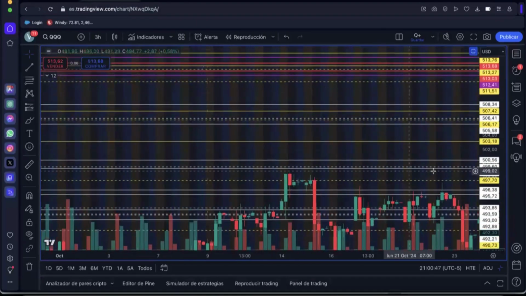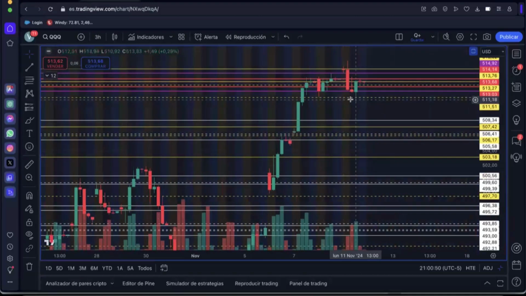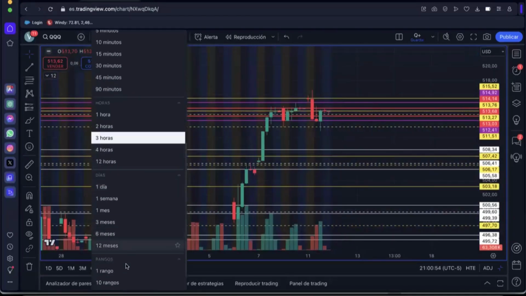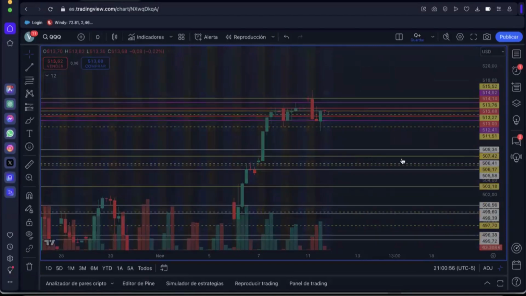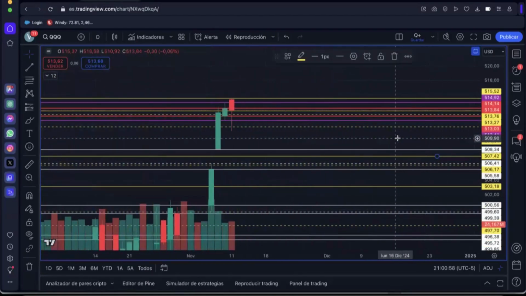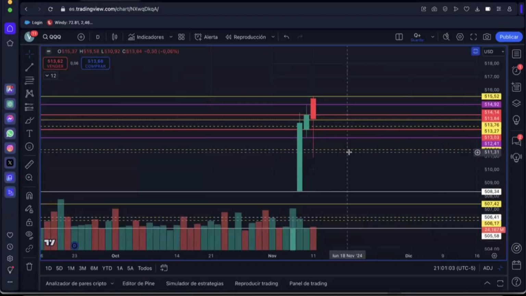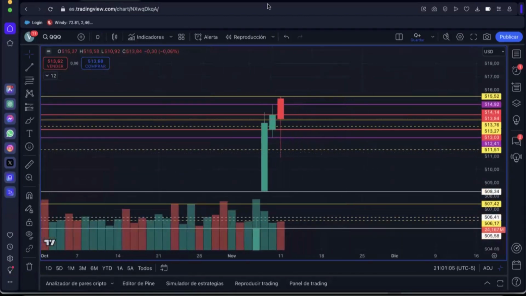Okay. Perfect. So daily. Daily candle. Okay, guys, I'm charting the daily level.